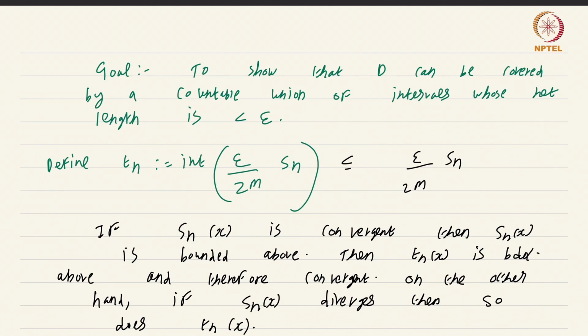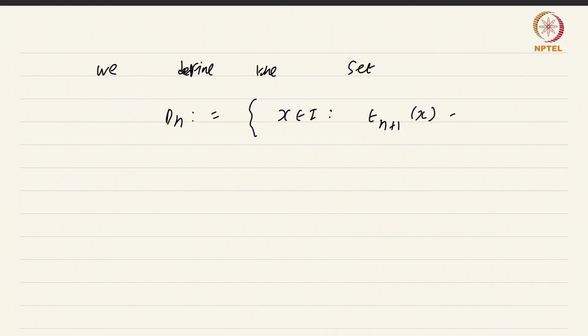So motivated by what I just said, we define the set Dn by definition to be the set of all x in I such that T(n+1)(x) minus Tn(x) is greater than or equal to 1.